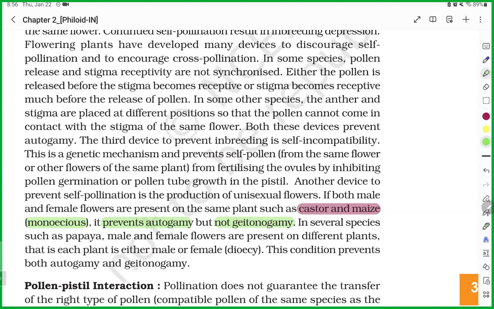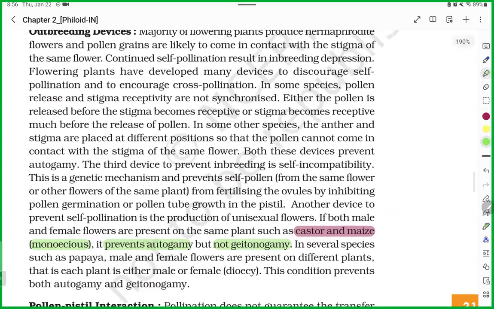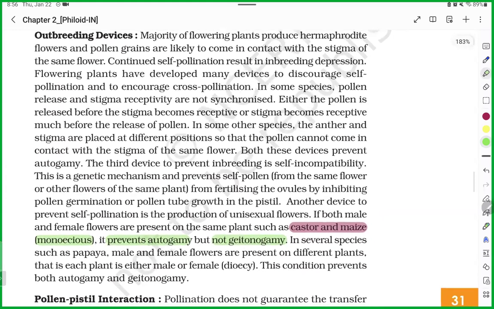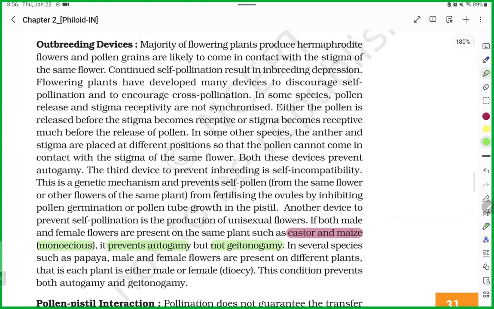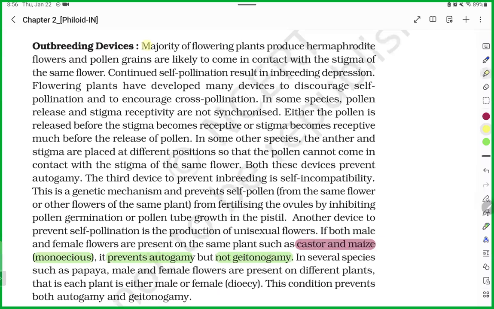Okay, so we will finish this topic, outbreeding device, and then we'll switch to physics. This is important: the majority of flowering plants produce hermaphrodite flowers. Again, the word majority is more important. Remember, in biology, because all of you took a drop, you will not face issues with the biology words.